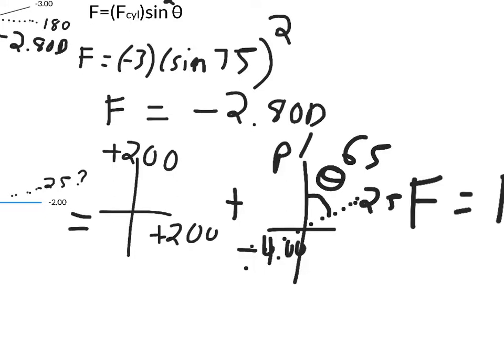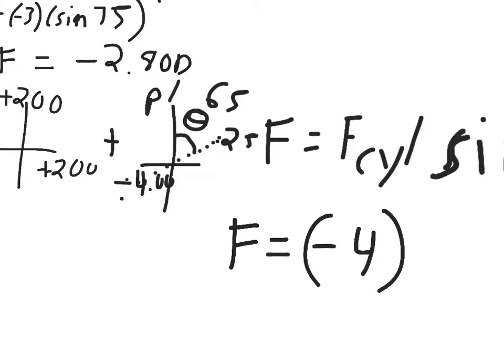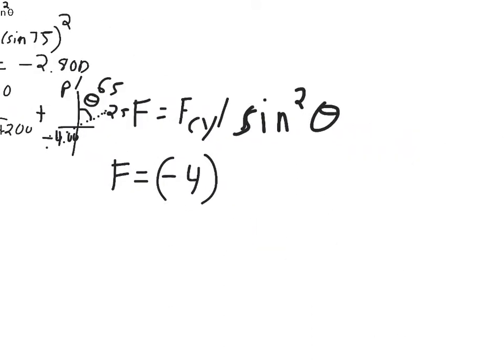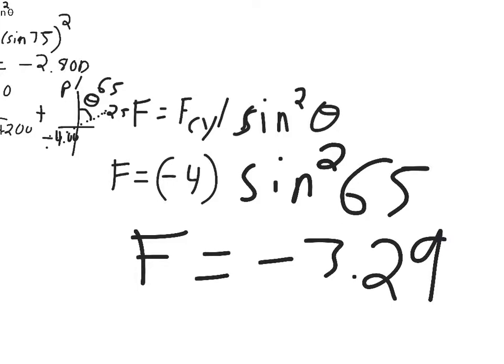So if you plug into the formula, F equals F cyl, which is minus 4, that's the cylinder, times sine square of theta, and theta is 65. You plug this into your calculator and you get F equals minus 3.29. Now you're not finished yet.